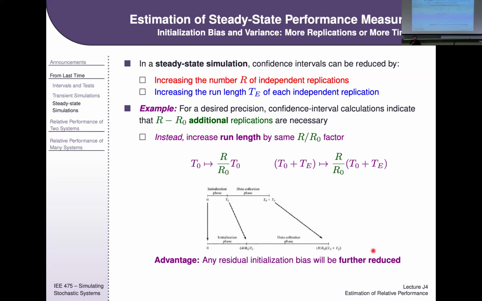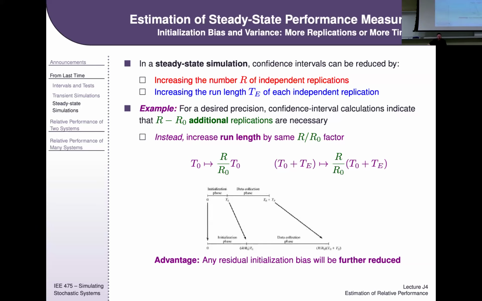So that's basically the way I did this example backwards here. For a transient sim, based on what I see here, I'd like to run 50 replications. But rather than running 50 replications, I know you'd like that, let's take those extra 25 that you'd like to run and just double.